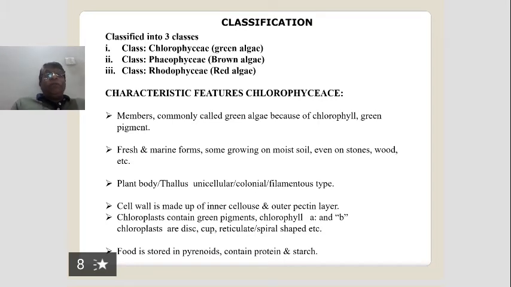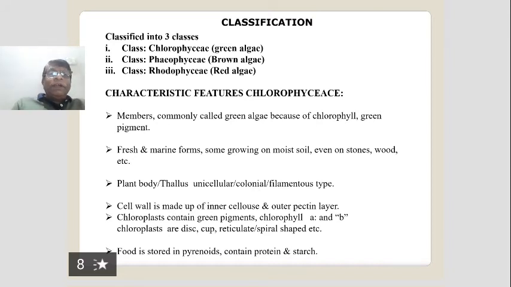Now, the members of the class chlorophyceae are commonly known as green algae. Why we call them green algae?